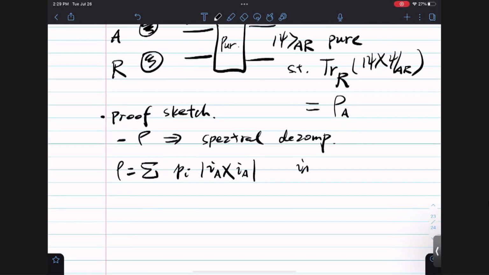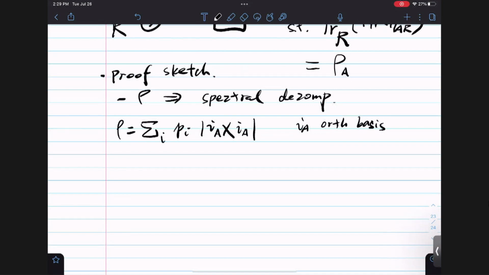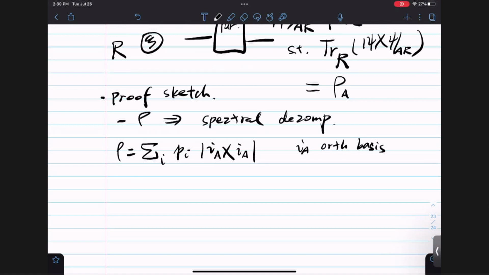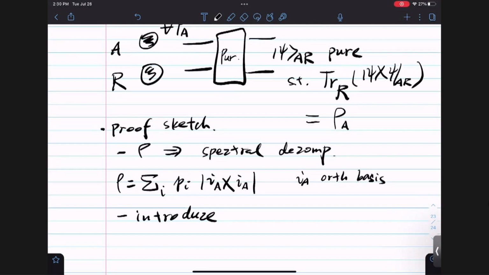So this |i_A> will be an orthonormal basis, and in fact, it's an eigenbasis, as I said. Okay? All right, so next we want to introduce a reference system and define a pure state. What will be the natural choice here? So again, the goal is once we discard R, the reference system, we still have the original rho.